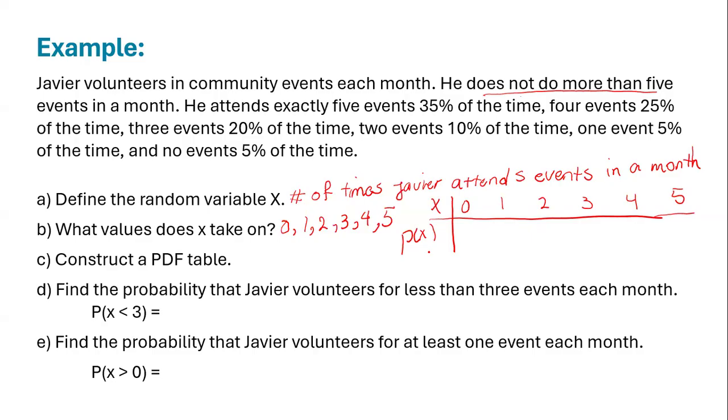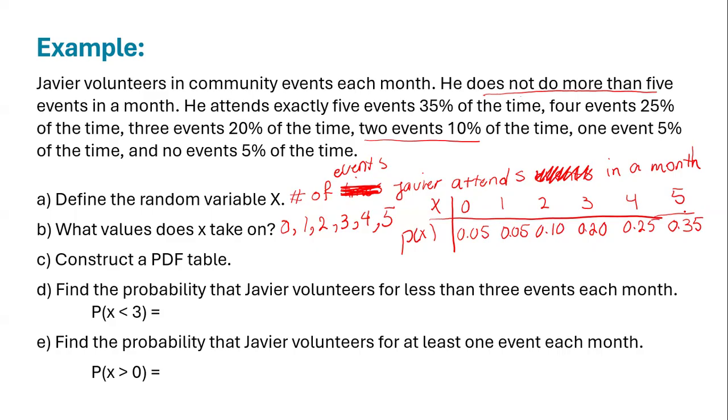And the probability for each of these values: 0 events is 5%, 1 event is also 5%, 2 events is 10%, 3 events is 20%, 4 events is 25%, and 5 events is 35%. Now we have a probability distribution.